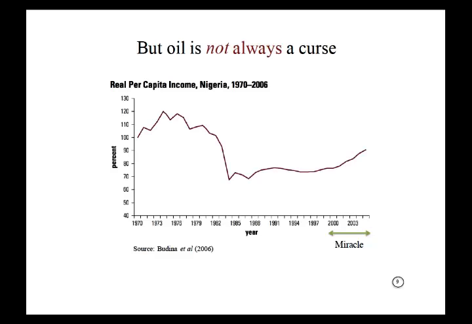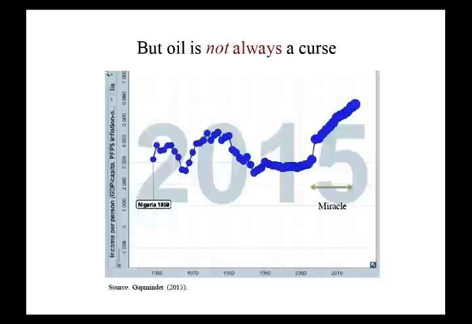This tells you maybe oil is not destiny. Okay, sometimes countries can break away from the oil curse. Maybe. So oil is not always a curse. It has been bad for Nigeria during the last 6 decades, but recently it has been good.